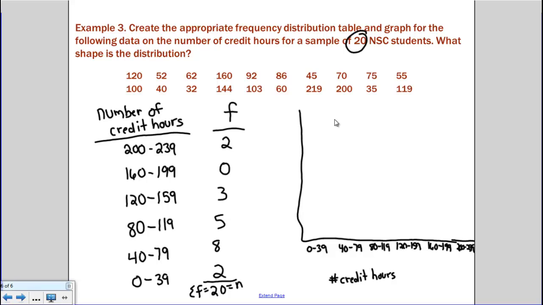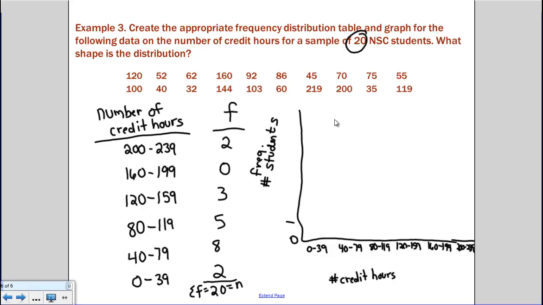All right. So then along the y-axis, you have the frequency, or in other words, the number of students. So how many students had each of these credit hours? I'm looking at my frequencies, and it just goes from 0 to 8. I'm just going to count by ones then.